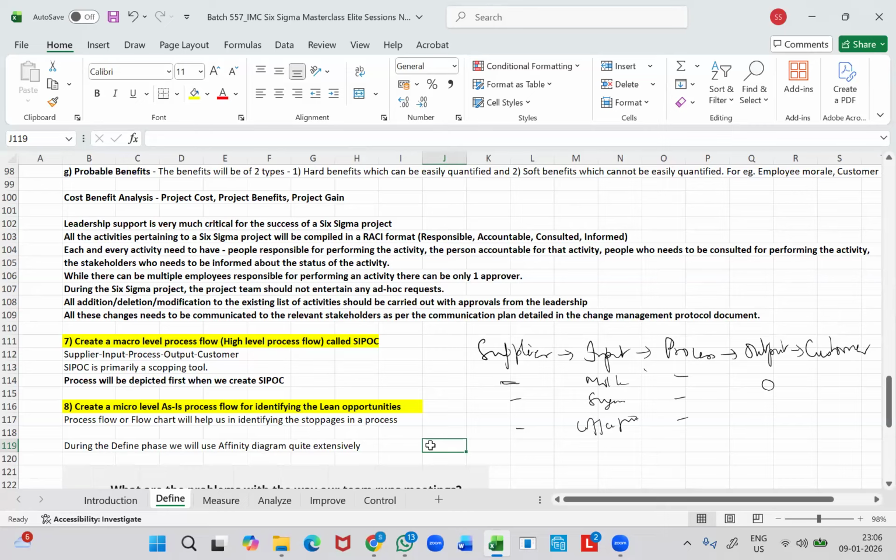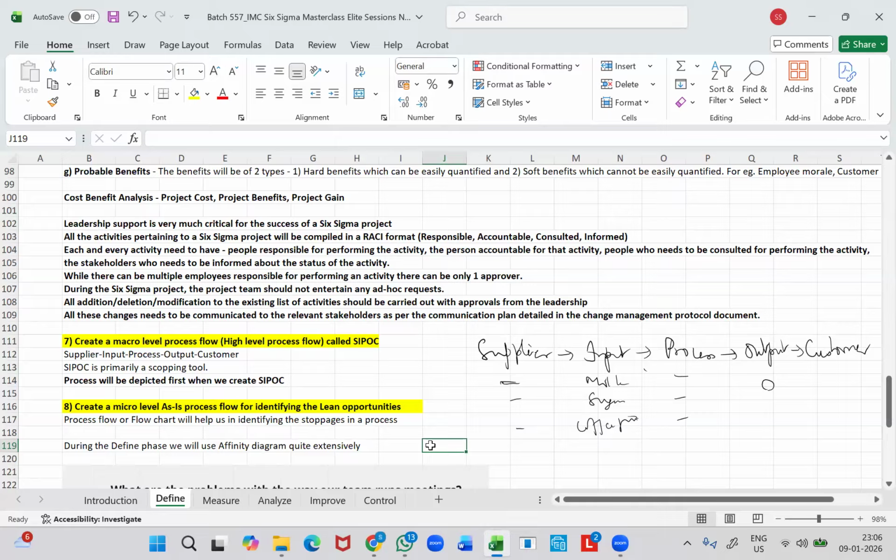But as I told you, over a period of time, we will end up tweaking that process inadvertently or by mistake, and we will add a few more process steps to the existing process flow, and that will be called the as-is process flow. So the as-is process flow is the depiction of the process as it is being executed on the shop floor. So this will be considered for necessary improvements.